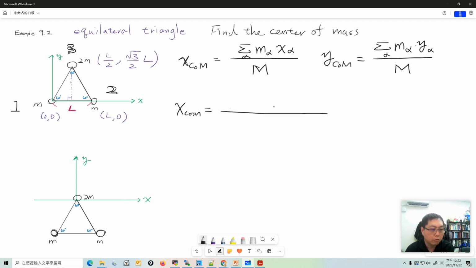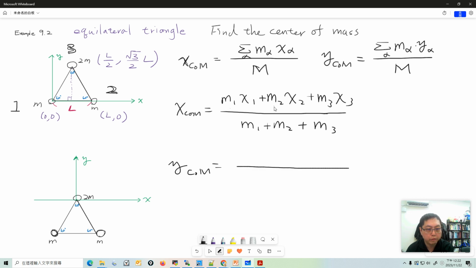It becomes m1 x1 plus m2 x2 plus m3 x3, divided by capital M, the total mass of the system, so it's m1 plus m2 plus m3. And YCOM is the same: m1 y1 plus m2 y2 plus m3 y3, divided by m1 plus m2 plus m3.